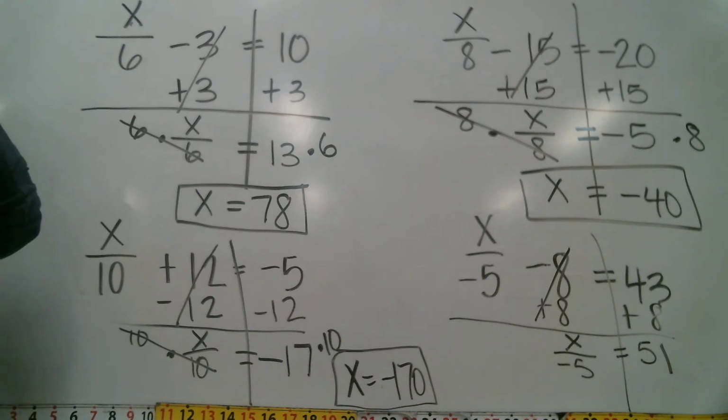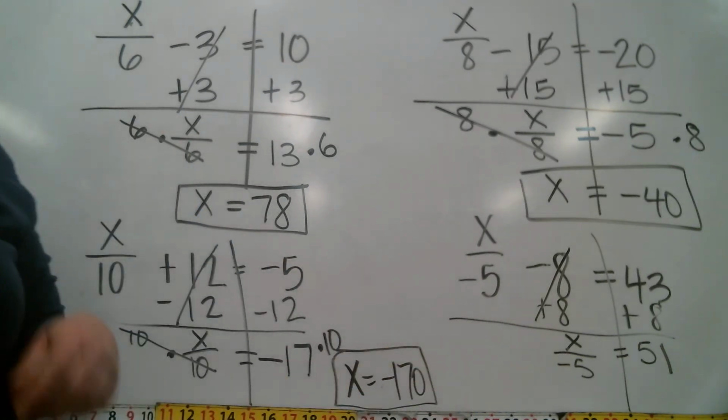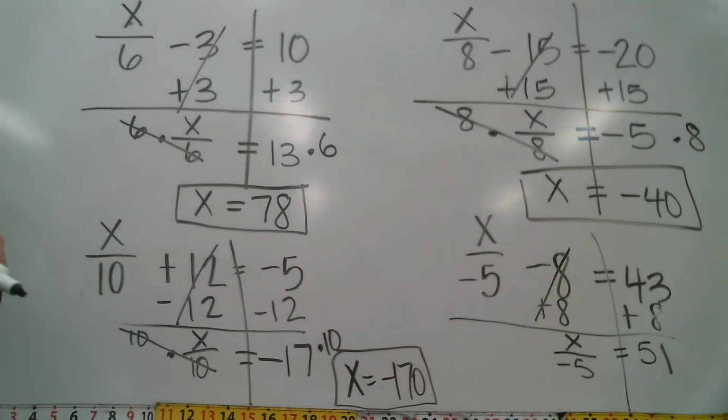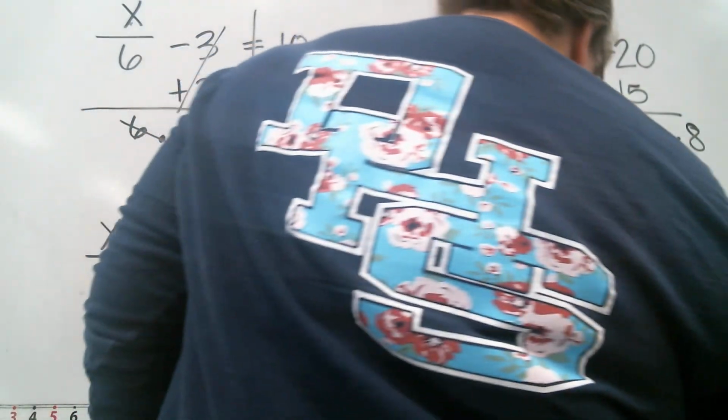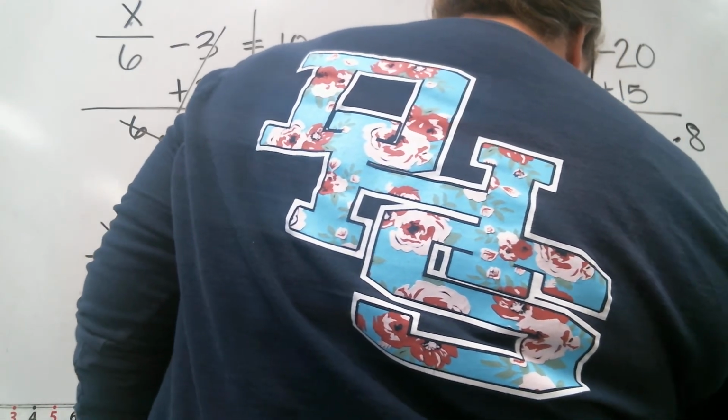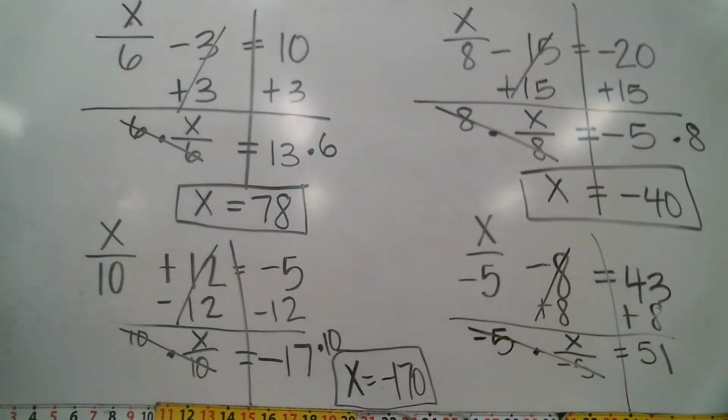To undo divided by negative 5, I'm going to multiply times negative 5. You're going to multiply times exactly what it is. We're not multiplying times a positive. Sometimes people try to reverse that. I'm multiplying by exactly what it was divided by. And it was divided by negative 5, so I have to multiply times negative 5 in order to get those to cancel out.